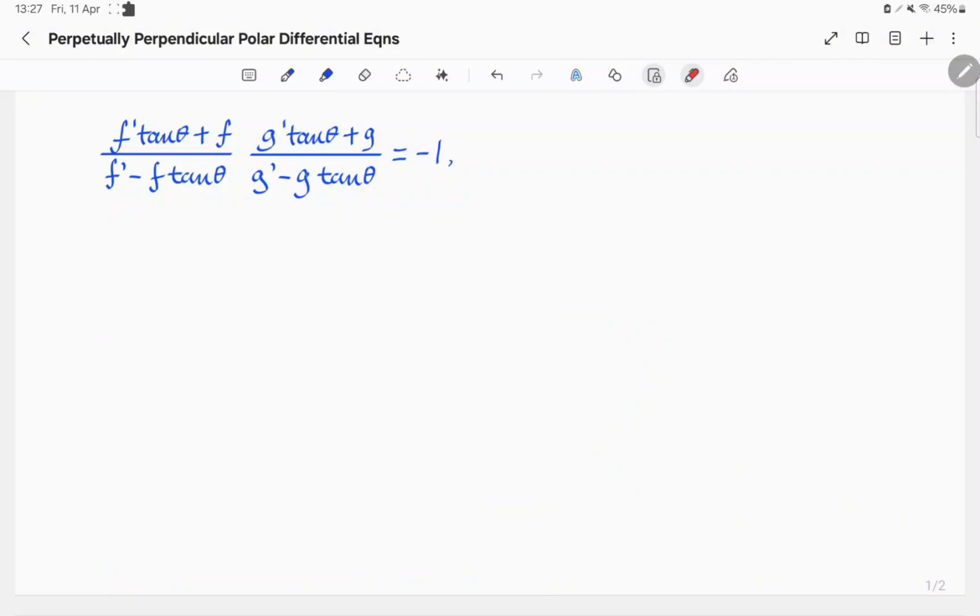Here we have that f and g are perpendicular, and therefore their gradients must multiply to give negative 1. Substituting f and g in, we have f prime tangent theta plus f over f prime take away f tangent theta multiplied by g prime tangent theta plus g, all over g prime take away g tangent theta is equal to negative 1.